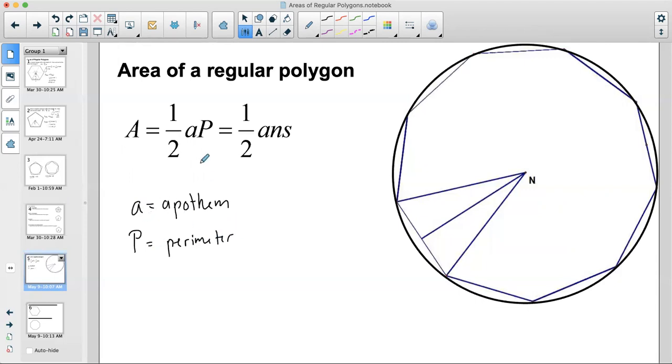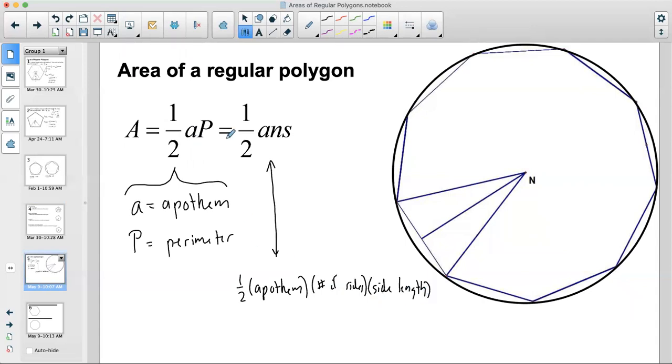This is a pretty handy formula for us. This one is similar, except it's 1/2 times the length of the apothem times N times S. The N here stands for the number of sides, and the S stands for the side length.